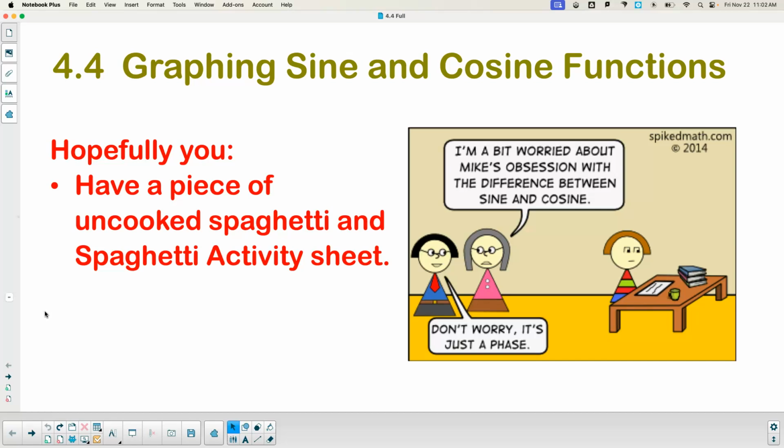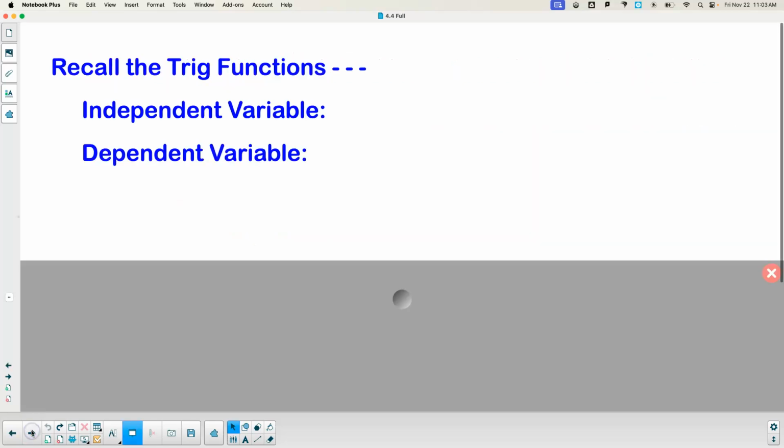So before we get to graphing sine and cosine today, let's talk a little bit about what they mean for us in trig functions. If we have a trig function, sine, cosine, tangent, cotangent, cosecant, secant, all of those functions have an angle as their independent variable.